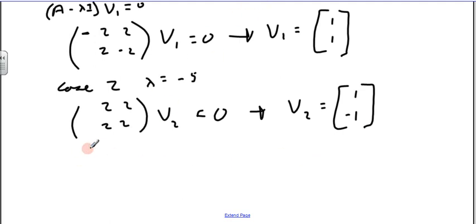I got that lambda is equal to alpha squared, which implies that omega 1 is going to be 1, and omega 2 is going to be square root of 5.